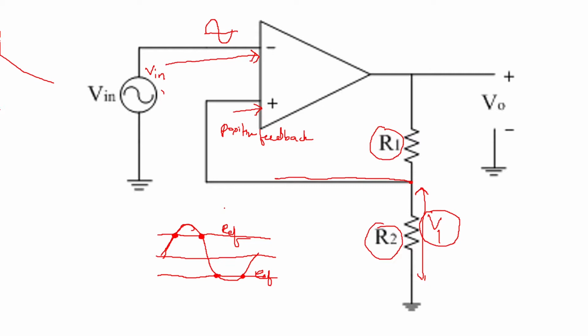That means now you are going to have a comparator whose one input will be a sine wave, and the other feedback, whatever you give to the positive terminal, that is the non-inverting terminal, will have two types of reference voltages.